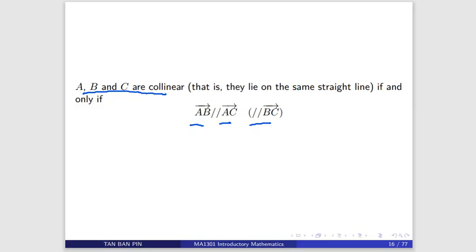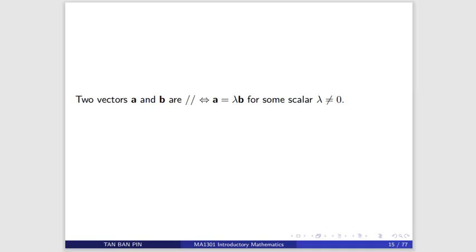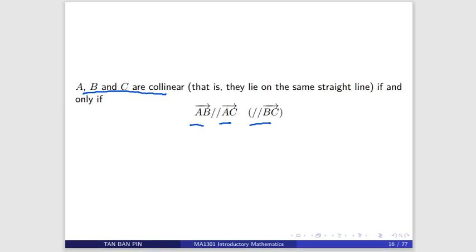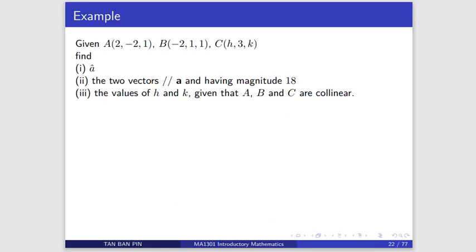And with that, you can use the result in slide 15 and say that if two vectors are parallel, then A must be a multiple of B. So it means you can say AB is a multiple of AC. You can also say AB is a multiple of BC and so on.